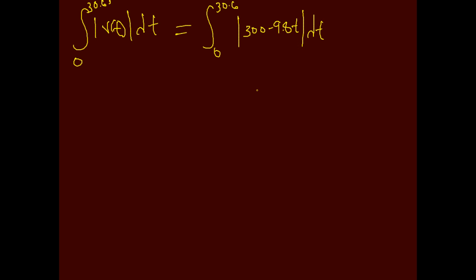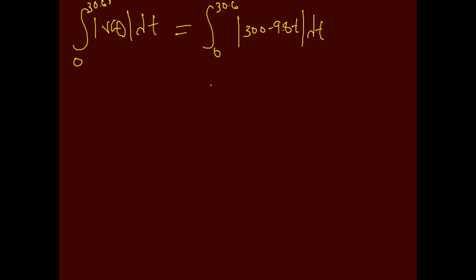And we can actually look at, okay, well, what is this function like in our interval from 0 to 30.6? Well, at 0, we have a positive function. It's the absolute value of that. And at 30.6, we get about 0, and so we take the absolute value of 0, which is just 0. So nowhere in this interval are we negative.